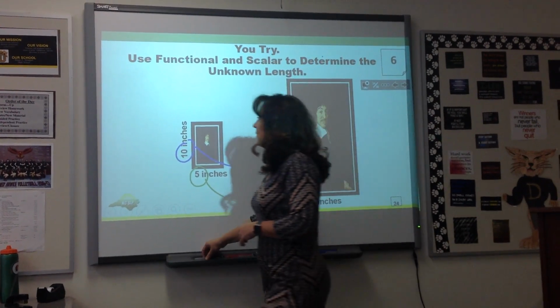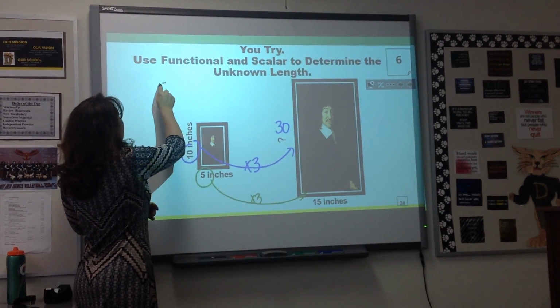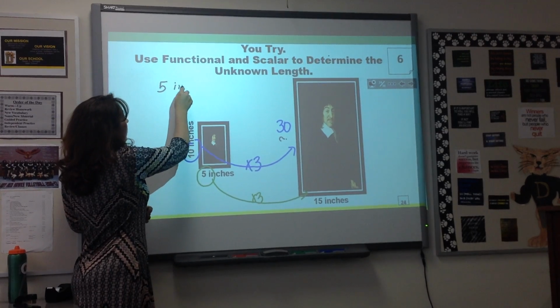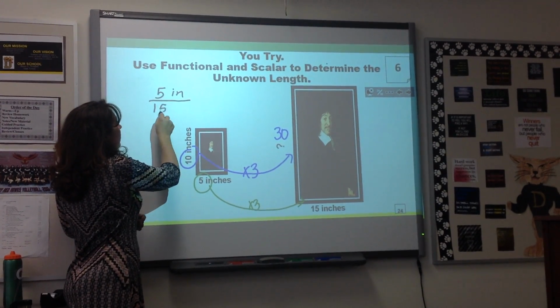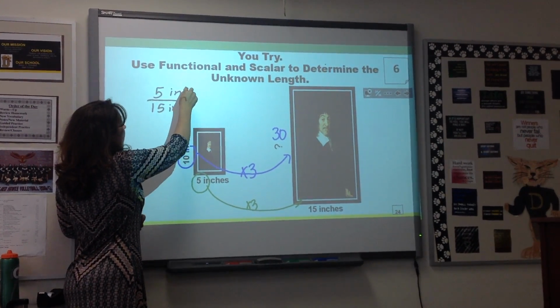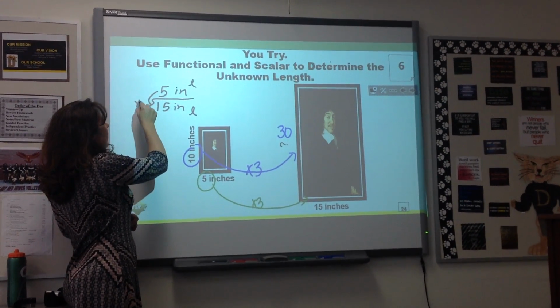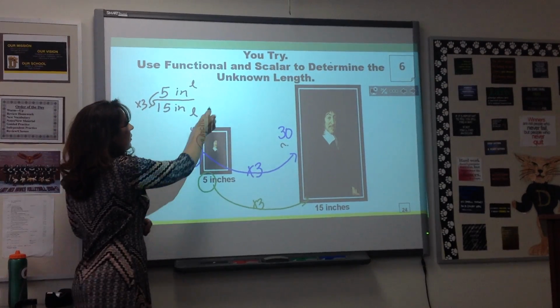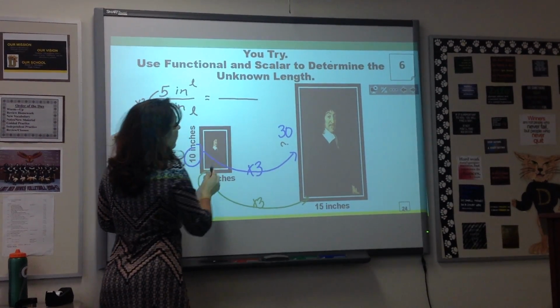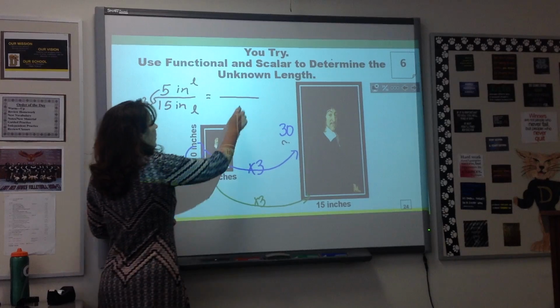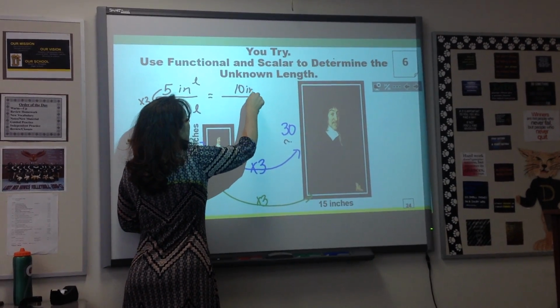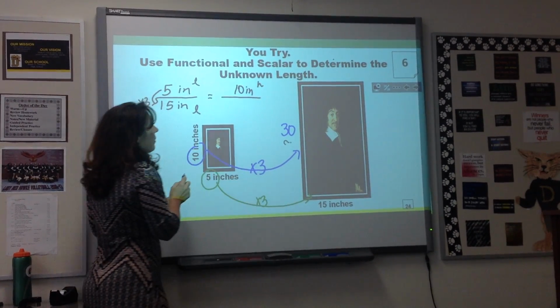Now let's look at it. So 5 inches to 15 inches. So this is a length to a length, and that's 5 times 3. 5 times 3 is 15, so that's going to be equivalent to my 10 inches, which is my height or my width.